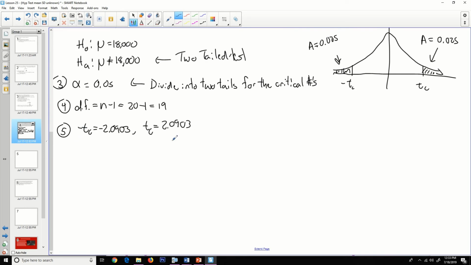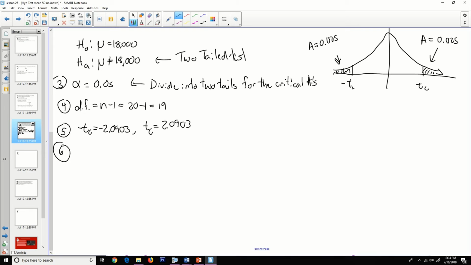Now, again, a couple of ways to do this. Since we have these standardized critical numbers, if our actual test, our standardized test statistic, is in between these two values right here, we're going to fail to reject the null. And if we have extreme values outside either of those, we will reject the null hypothesis.